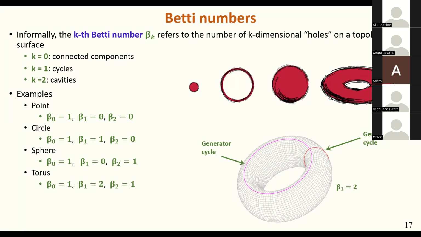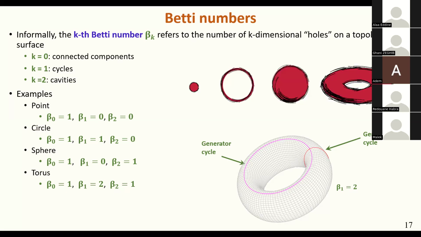We are interested in those Betti numbers because, to decide whether two spaces are homeomorphic, if they do not have the same Betti number in each dimension, it means they are not homeomorphic. So this is an algebraic invariant.